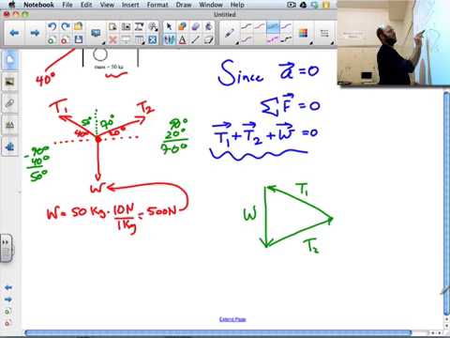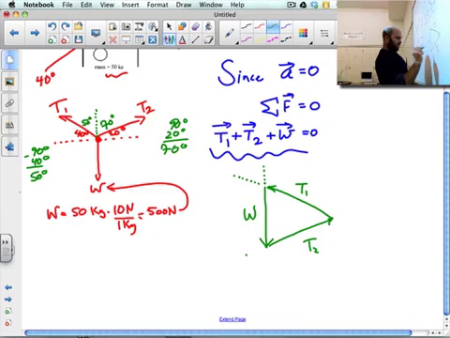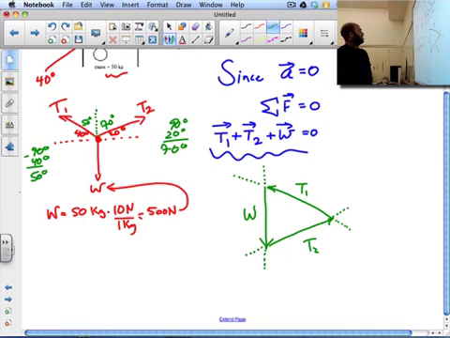Now we're going to need to figure out these angles in order to solve the problem. So I need some reference lines.